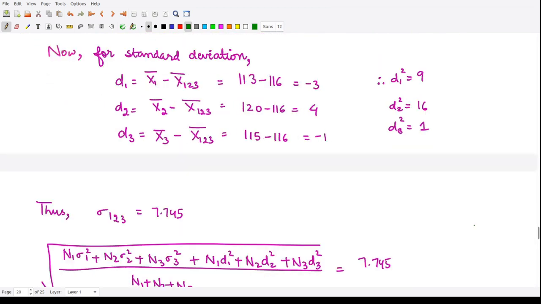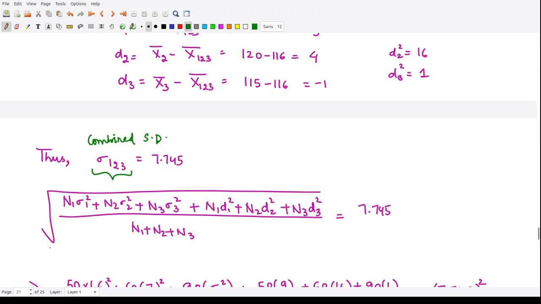So next, let me calculate the standard deviation. The combined standard deviation for all three groups is given in the question as 7.745.